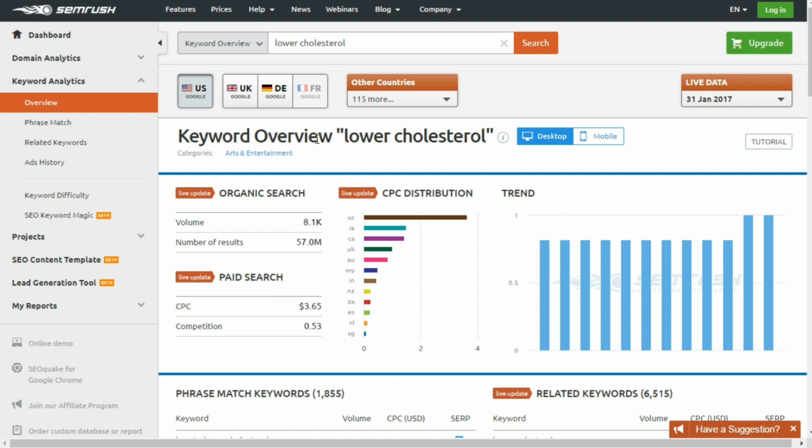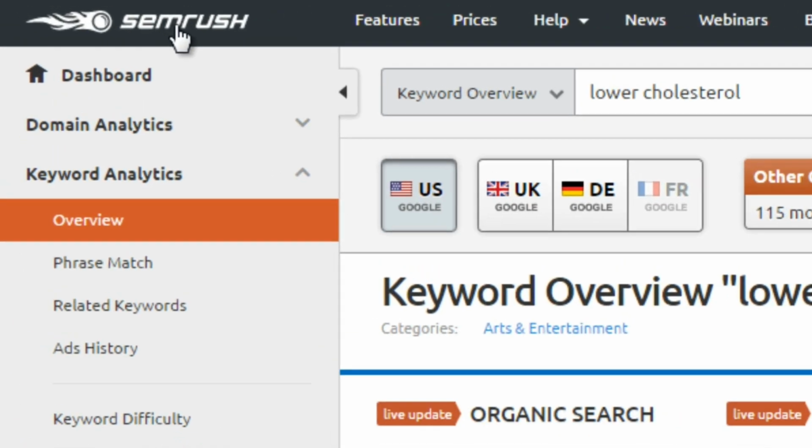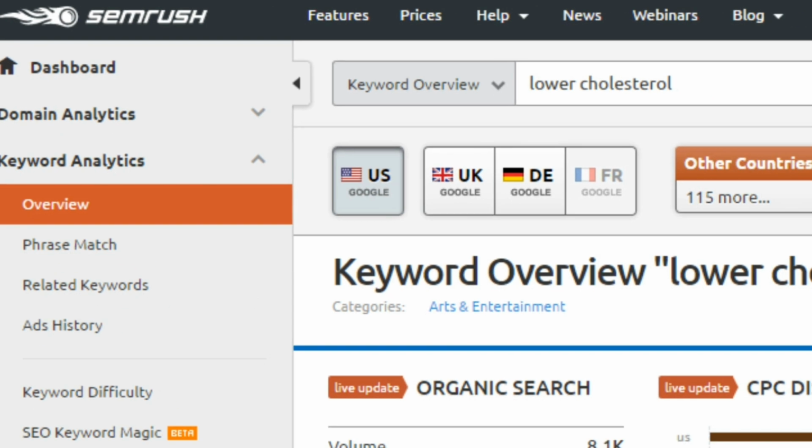And as you can see here, I went to Semrush, that's SEMRUSH.com. And the keyword overview, as you can see here, I typed in lower cholesterol. So kind of following the topics that we've been talking about earlier.